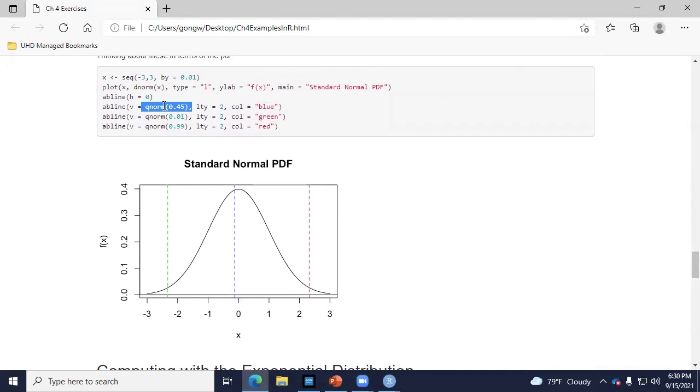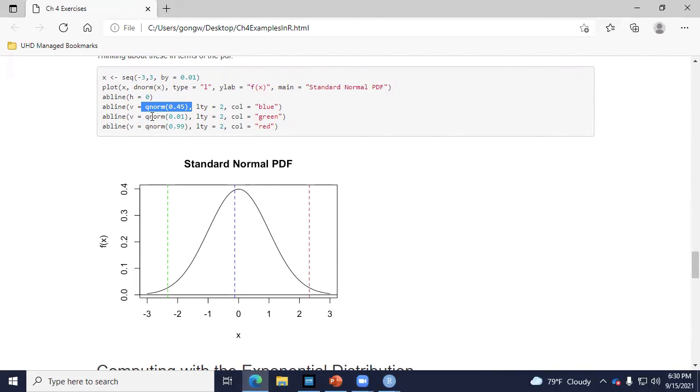See, this qnorm gets you the C value already. So this 0.45 is just the area under this curve to the left of this blue line. It's very close to 0.5 because this blue line is very close to the center of the bell curve. The whole area under this bell curve will always be 1.